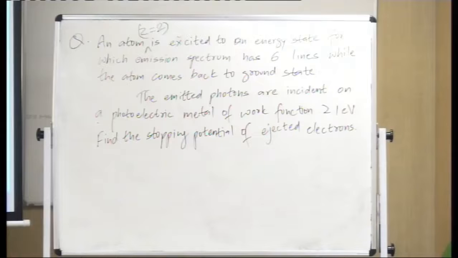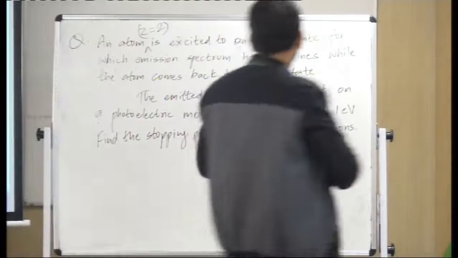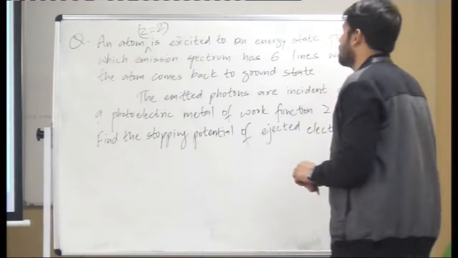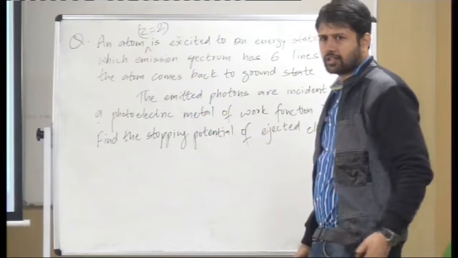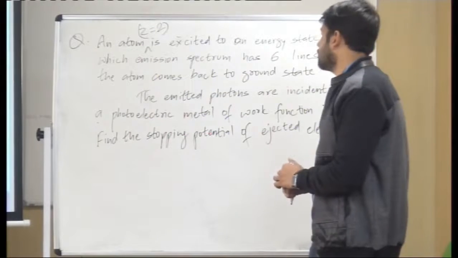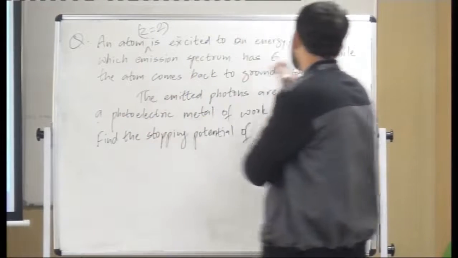Minus 6.5. Okay, let's start. Now let's check. Z is 2, and there are 6 lines.